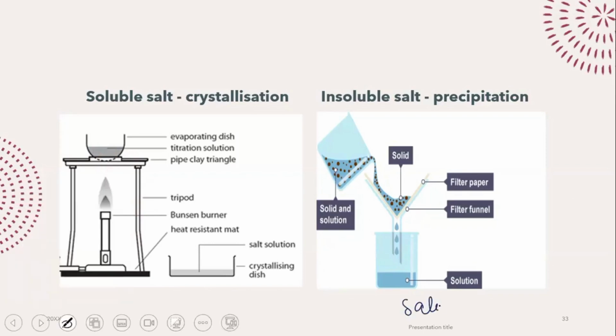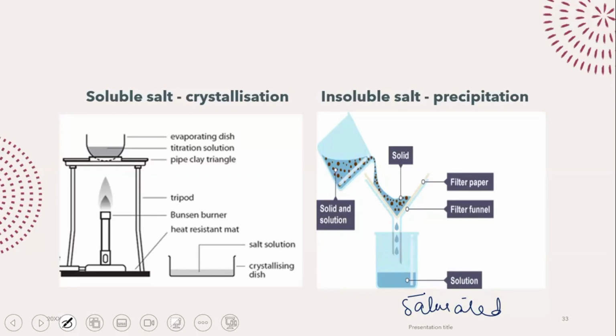Please do not evaporate all of the water, or in the exam write down that we are evaporating all of the water. No. You will heat it until the solution becomes saturated. Once the solution is saturated, you will allow it to cool down. And when it cools down, automatically you will see that the crystals of your salt are going to form.